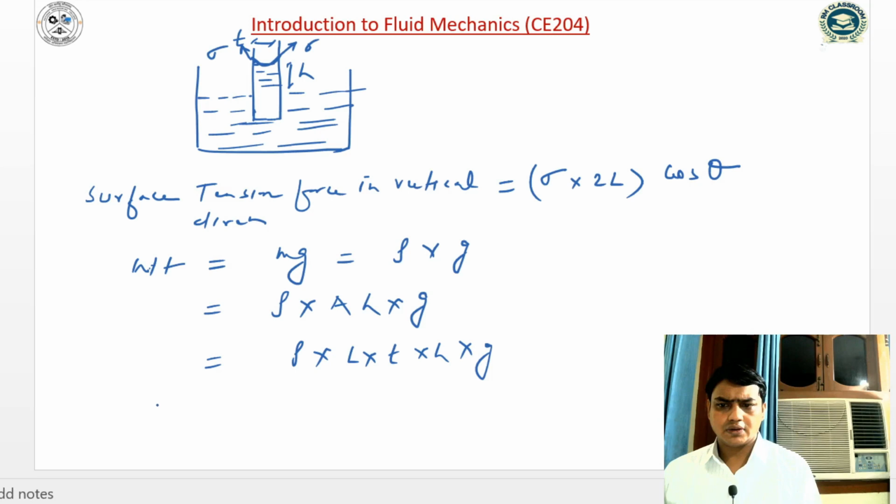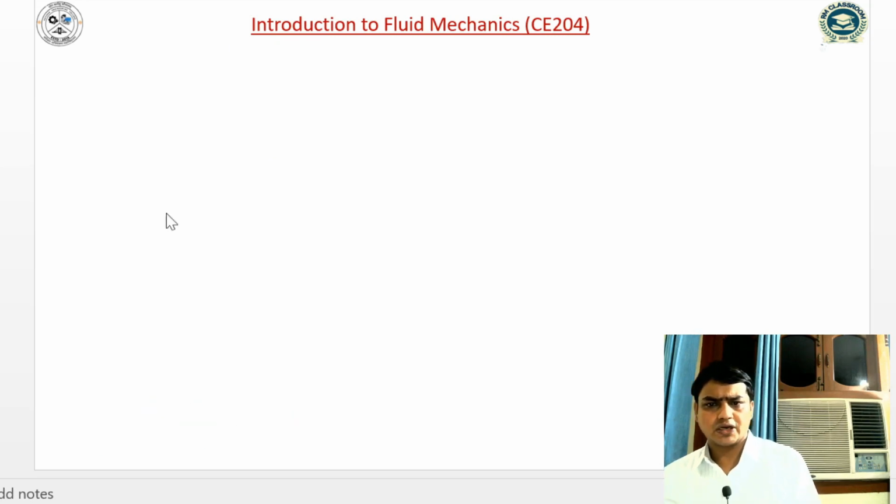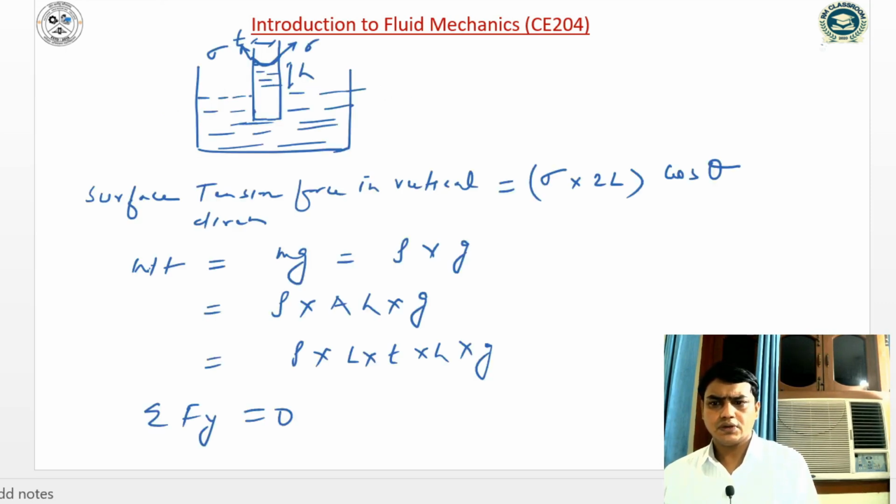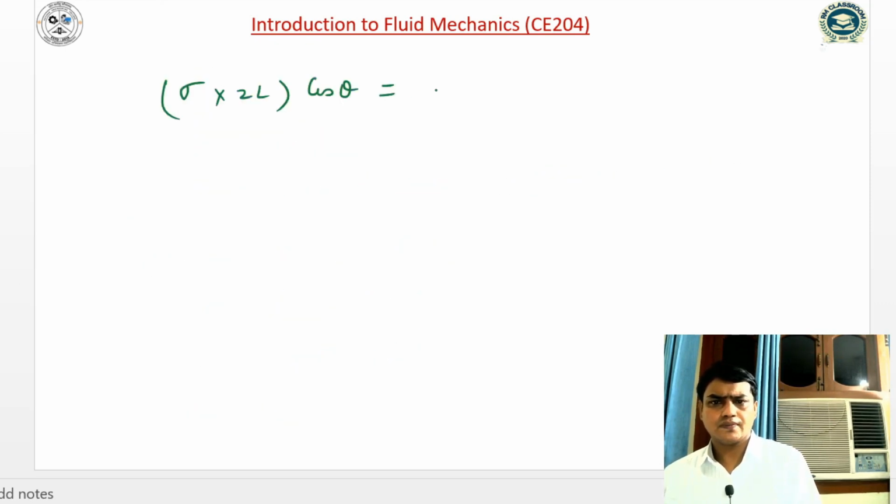So if I equate summation of force in y direction is 0, we can write sigma into 2L into cos theta is equal to rho into L into T into H into G. So here L and L cancel.